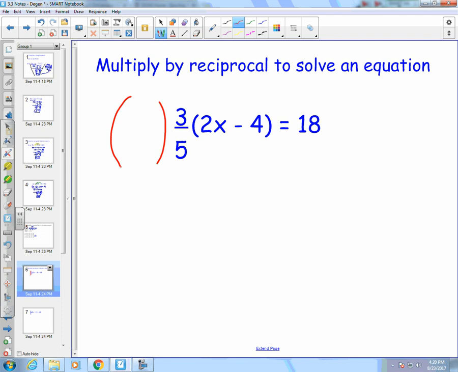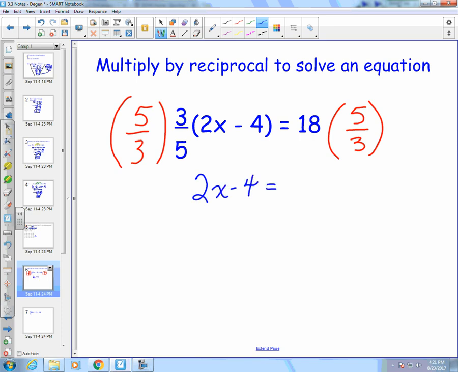Well, if I multiply by 5/3 on the left and 5/3 on the right, I can get rid of the fractions by multiplying these two fractions together. I'll be left with 2x minus 4 equal to, on the right-hand side, that 3 cancels into the 18 6 times, and I'm left with 6 times 5, which is going to be 30.